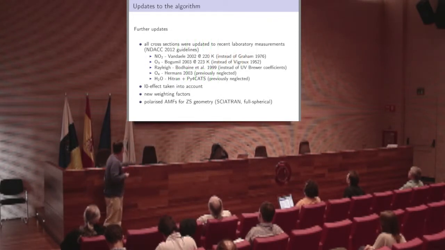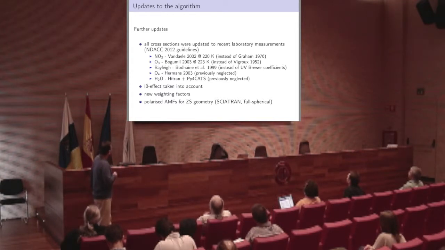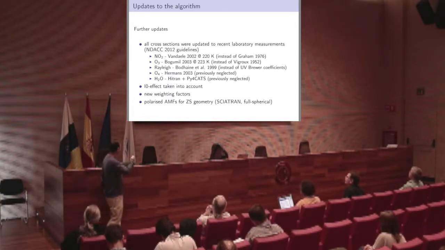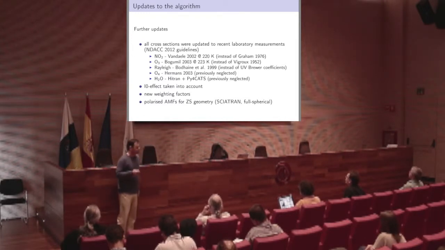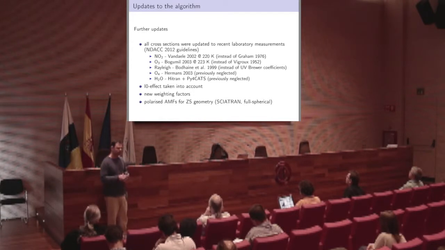Further updates concern the cross-sections, as I said before. I updated them following the last NDACC guidelines. You can see the difference between the old cross-sections used in the standard algorithm, 76, 52, and the new ones. Also, the I0 effect is taken into account.